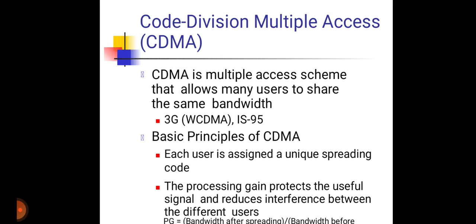CDMA is a multiple access scheme in which several transmitters can send information simultaneously over a single communication channel. It uses pseudo-random numbers to encode bits of information. This is called a PN sequence.